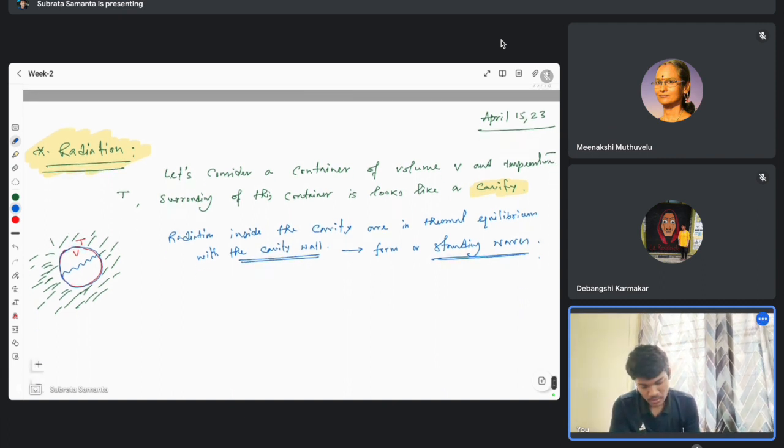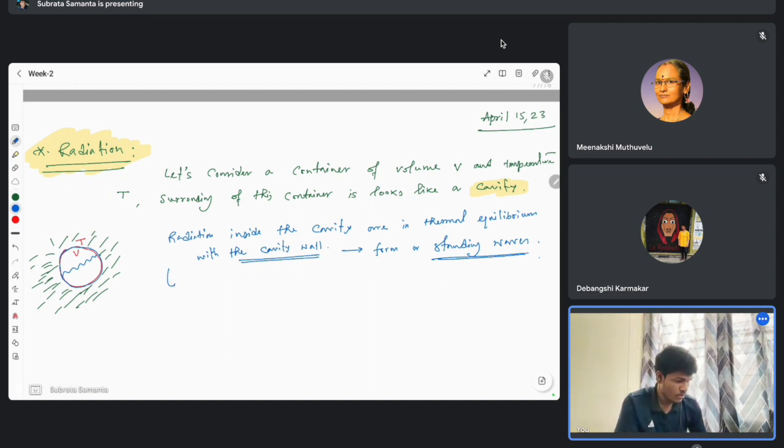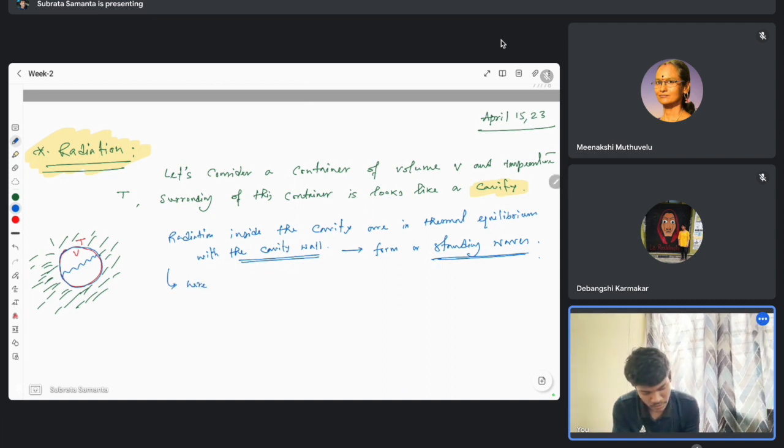Here we consider the cavity wall to be a diathermal wall. That means the walls transmit heat between the gas of photons inside the cavity and the surroundings.